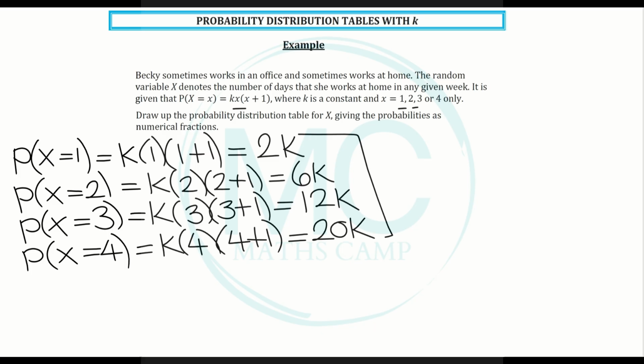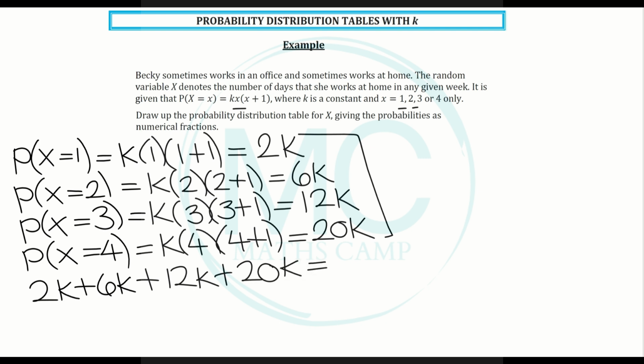And we know that when working with distribution, if we add all of our probabilities together, we get a total of 1. So I can say 2k plus 6k plus 12k plus 20k is equal to 1.